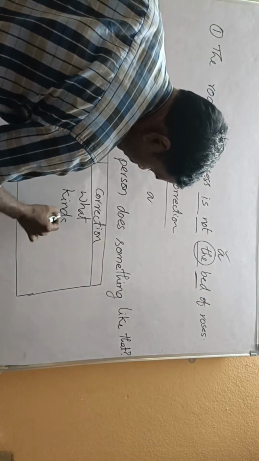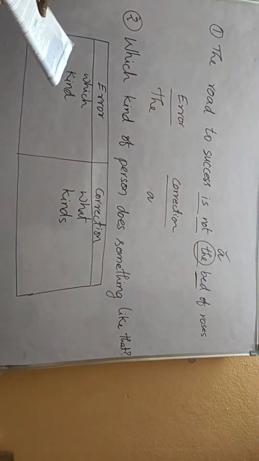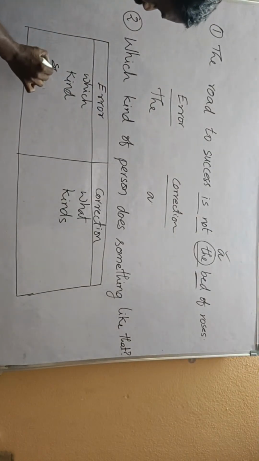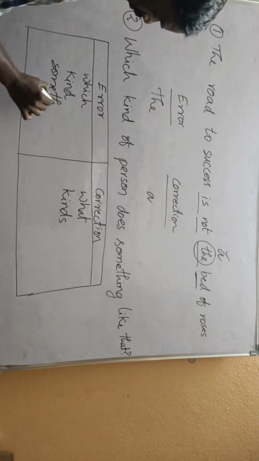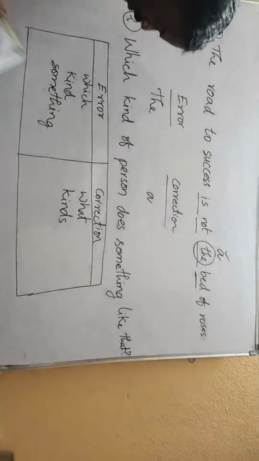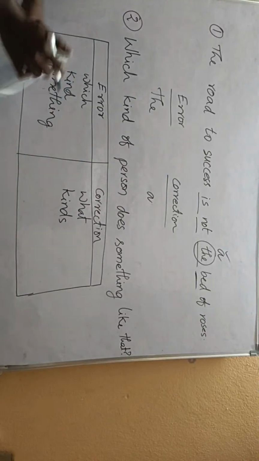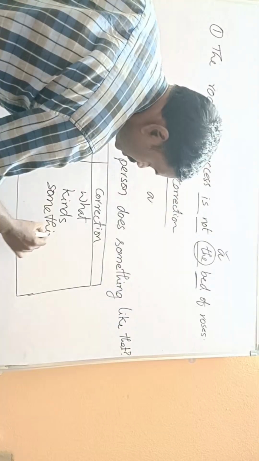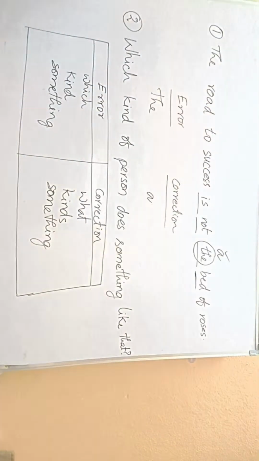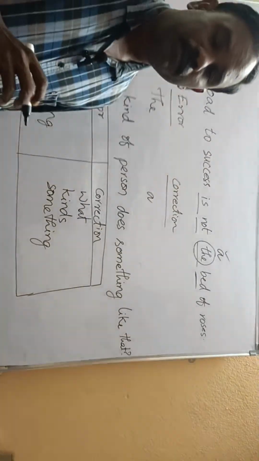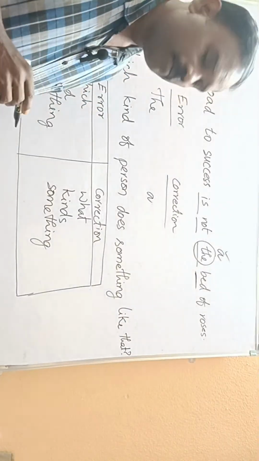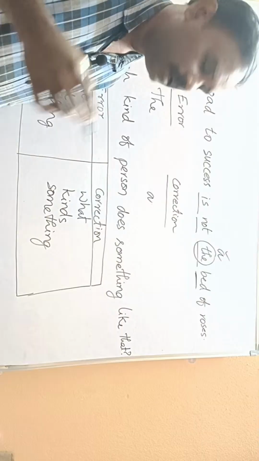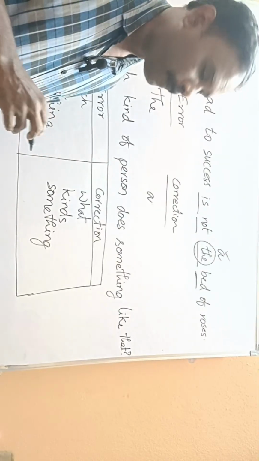Next, something to some things. I think you are all writing in your notebooks. Please be ready. Write down all these questions and it will be very helpful for you.